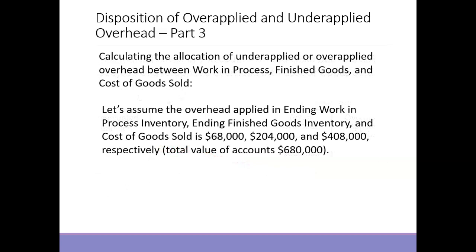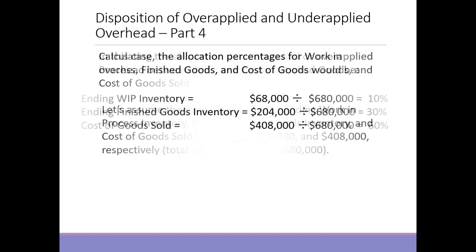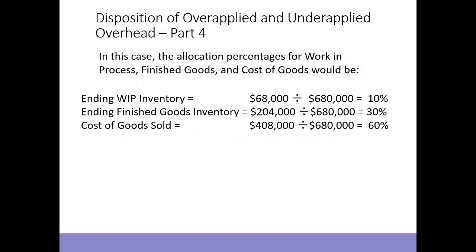Calculating the allocation of underapplied or overapplied between the different accounts, let's assume the overhead applied to ending work in process inventory, ending finished goods, and cost of goods sold is 68, 204, and 408, actually totaling 680,000. We would prorate it then. So we'd give 10% of that 30,000 to ending WIP.